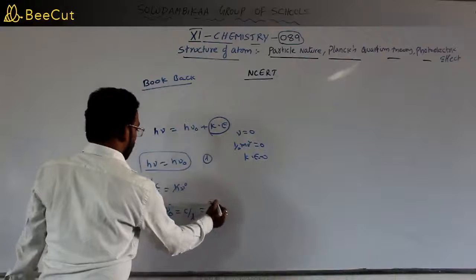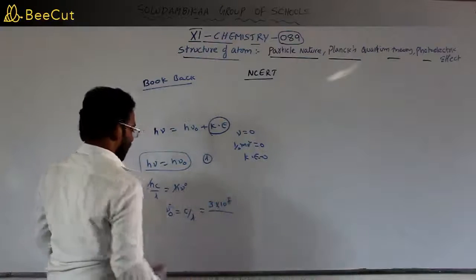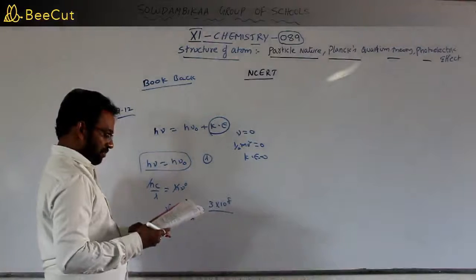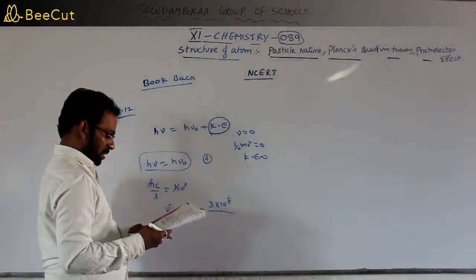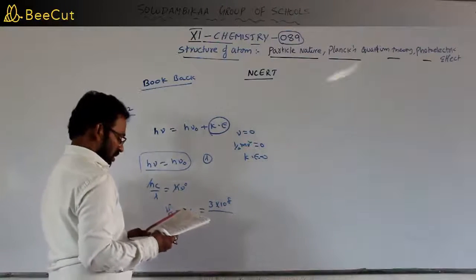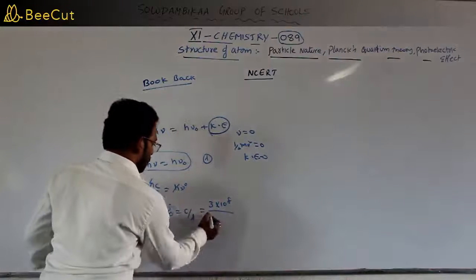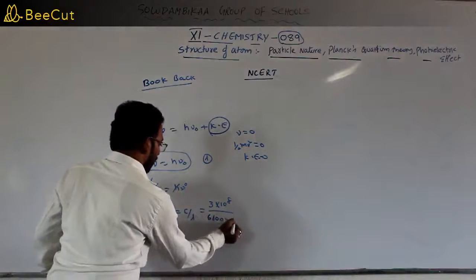What is the c value? 3 into 10 power 8 meters per second. What is lambda given? Wavelength given is 6800 angstroms, so 6800 into 10 power minus 10.